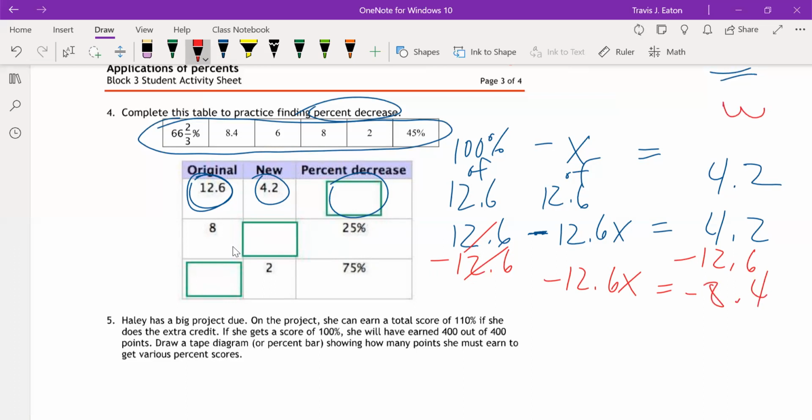Now, to find x, I'm going to divide both sides by negative 12.6. Those cancel each other out, and x is negative 8.4 divided by negative 12.6, which will be positive, remember, because a negative divided by a negative is positive.